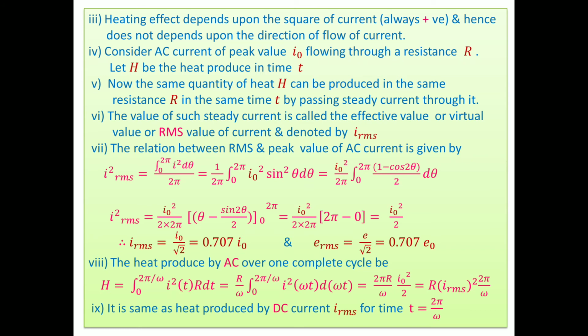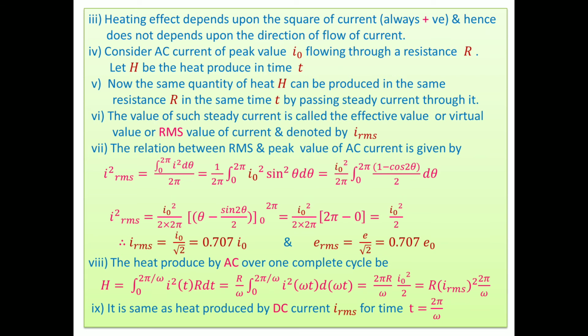So 1 upon 2 pi, integral 0 to 2 pi, I square, I naught square sin square theta d theta. Here the value of I is taken as I naught sin theta, so I square equals I naught square sin square theta. I naught square is the peak value, it is a constant, so it is taken outside. For 0 to 2 pi, the sin square theta is replaced by a formula.